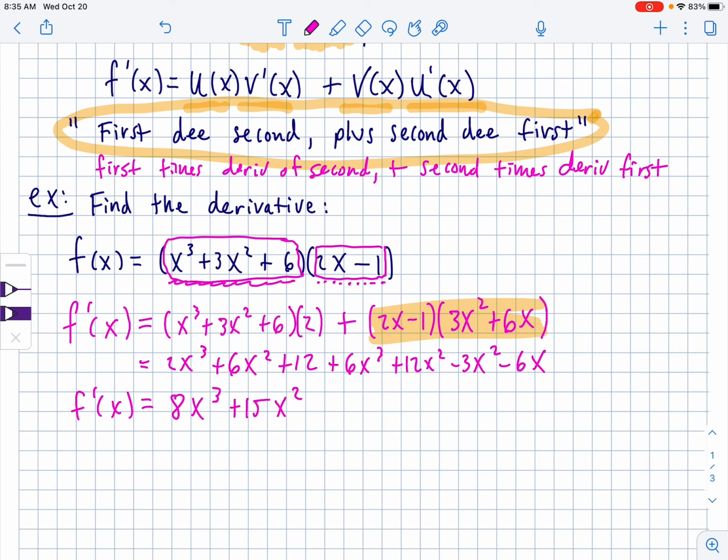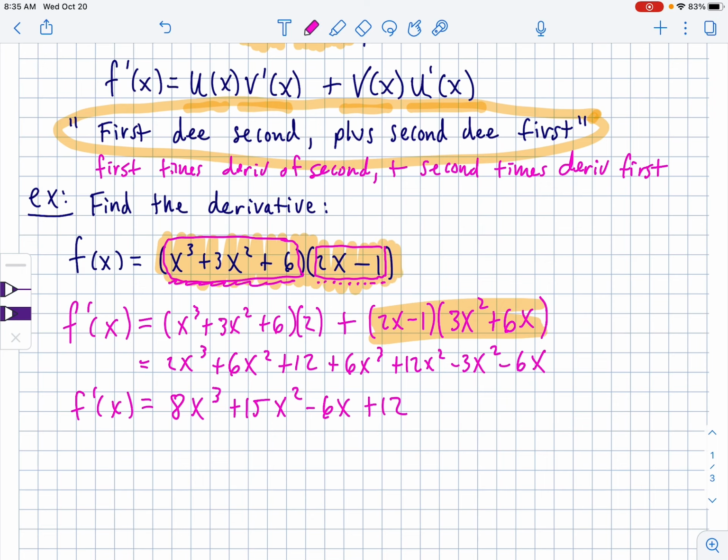Then you got to combine a whole lot of apples and oranges to get our final result, which is 8x cubed plus 15x squared minus 6x plus 12. So that's the final derivative, all simplified.